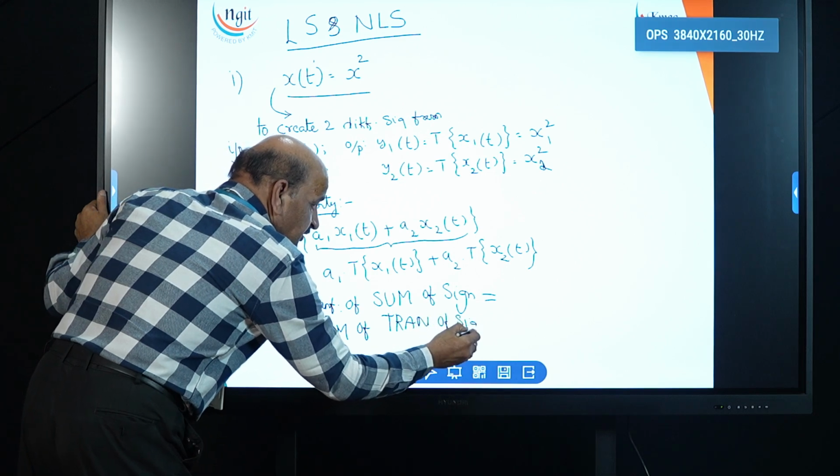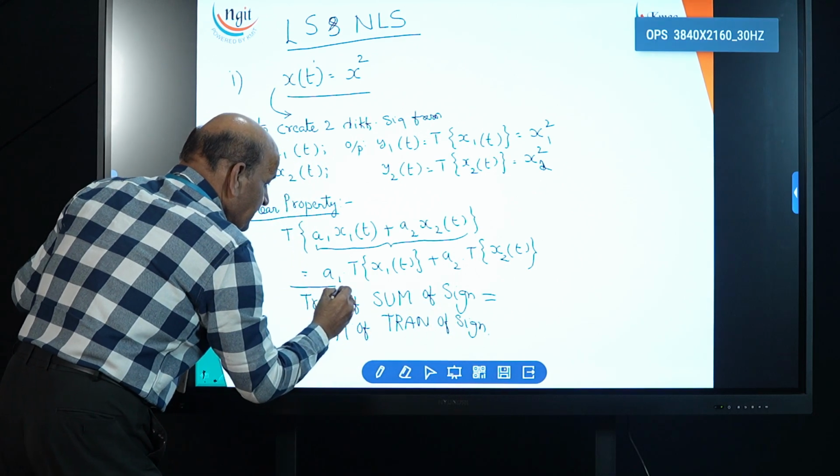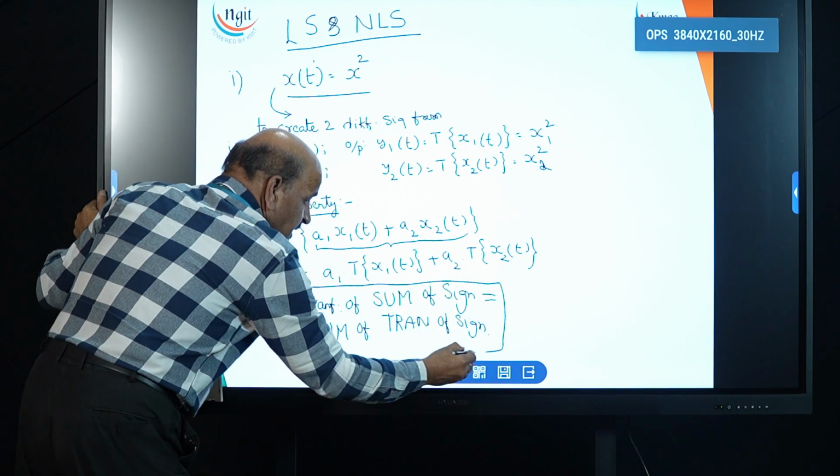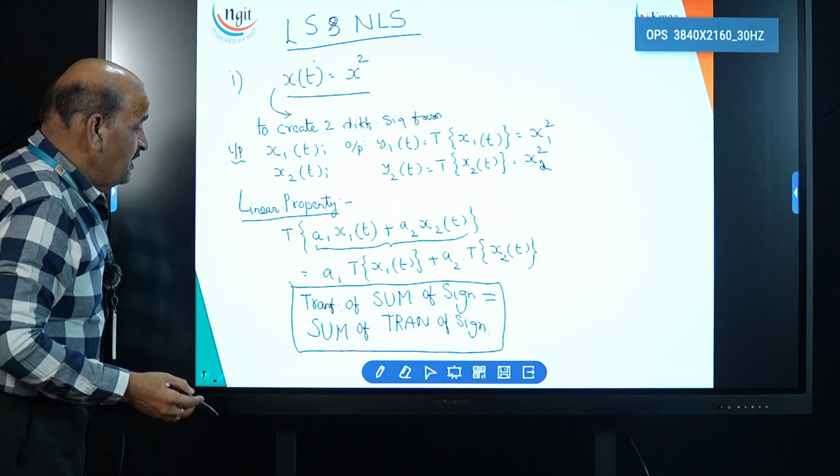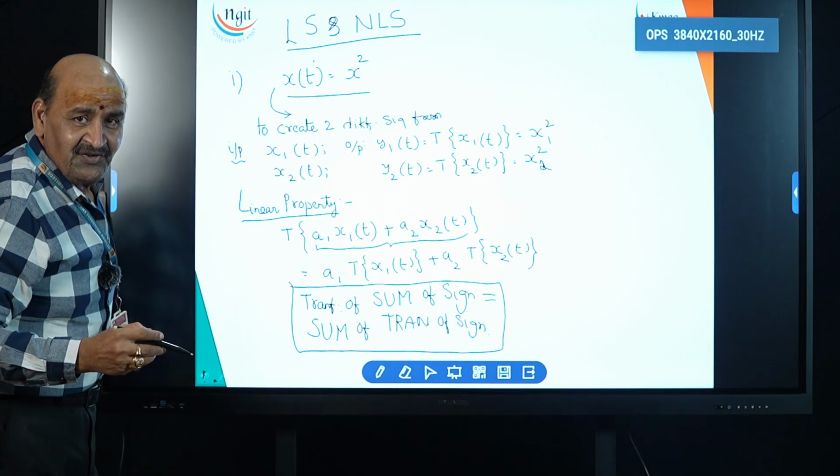This property is called the linear property. Very important. Transformation of sum of signals should be equal to sum of transformation of signals.